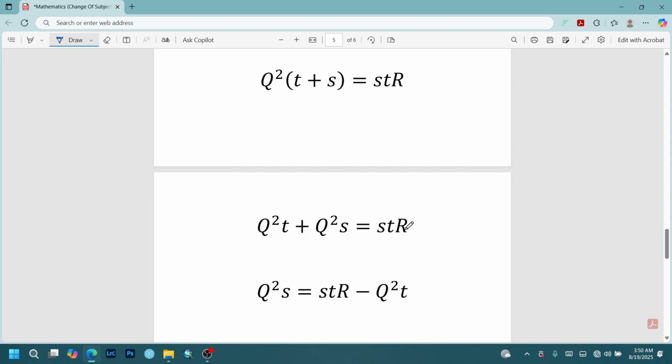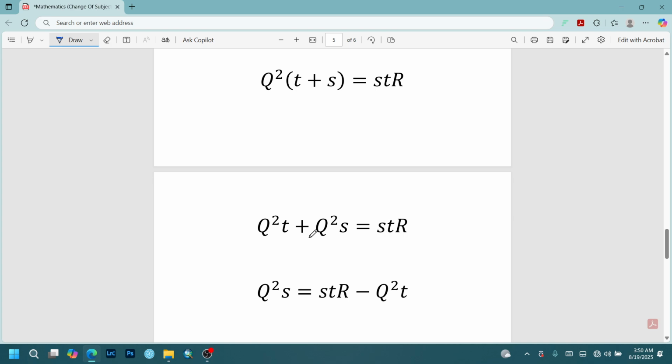So what you have to do is to group like terms, okay? So you have to group like terms, and in grouping like terms, right, you shift those variables that contain t to one side and those without to the other side, okay?